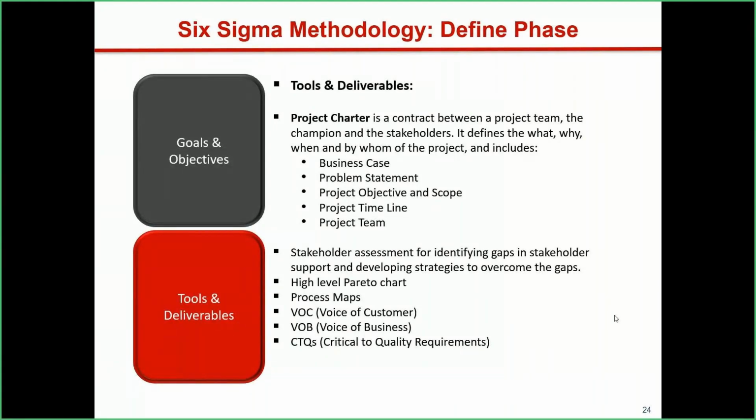So anyone who is going to be impacted will be stakeholders, and we'll see in the next case how to identify stakeholders. So as we go through the project charter, it defines the what, why, and when, and by whom of the project, and includes business case, problem statement, project objective and scope, project timeline, and project team. Now, what, why, when, and whom, in an easy way, is also called a RACI. RACI stands for responsible, accountable, consulted, and informed.